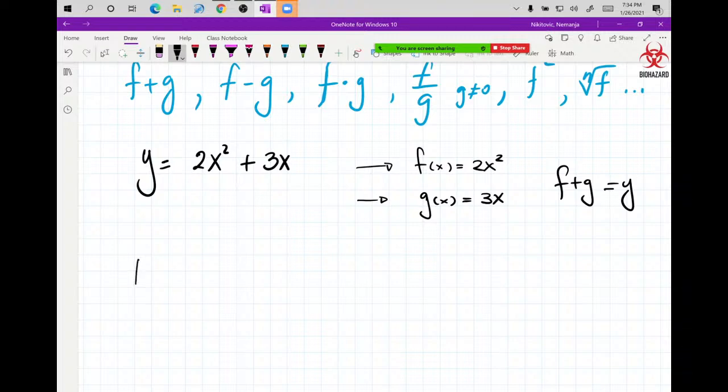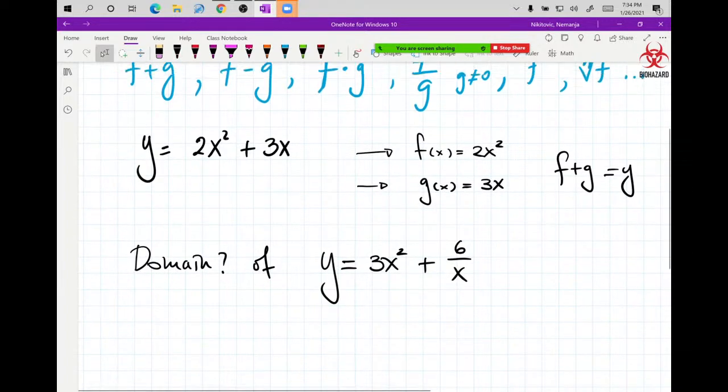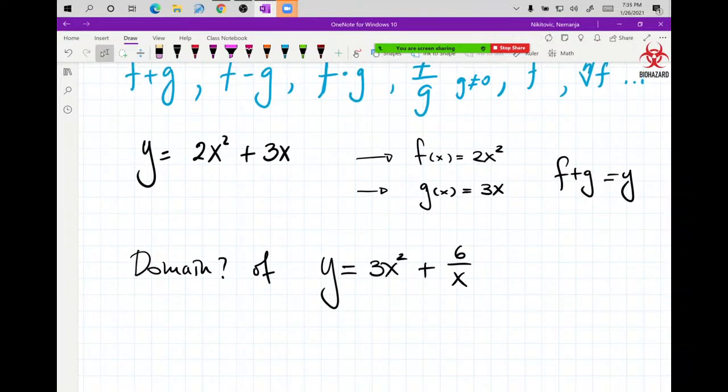So what is the domain of, let's say, y equals 3x squared plus 6 over x? So this is clearly composed of two different types of functions. Here is the function which is a polynomial, and here is the function that is a rational function.